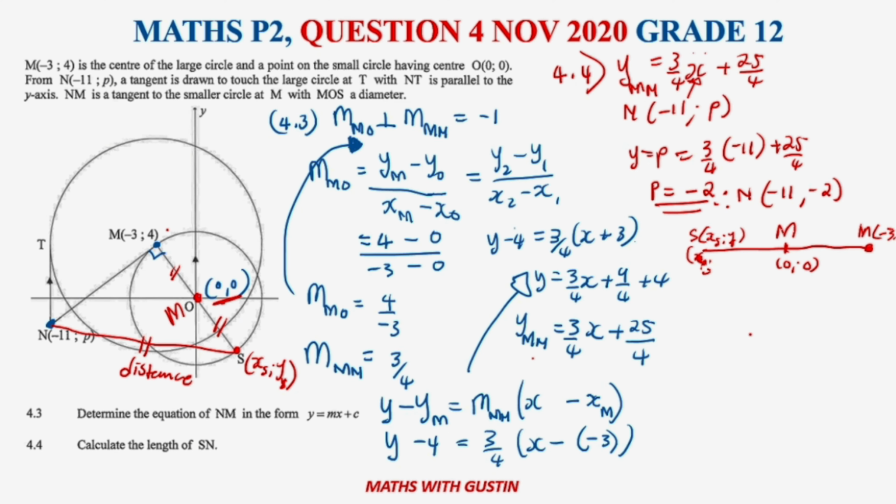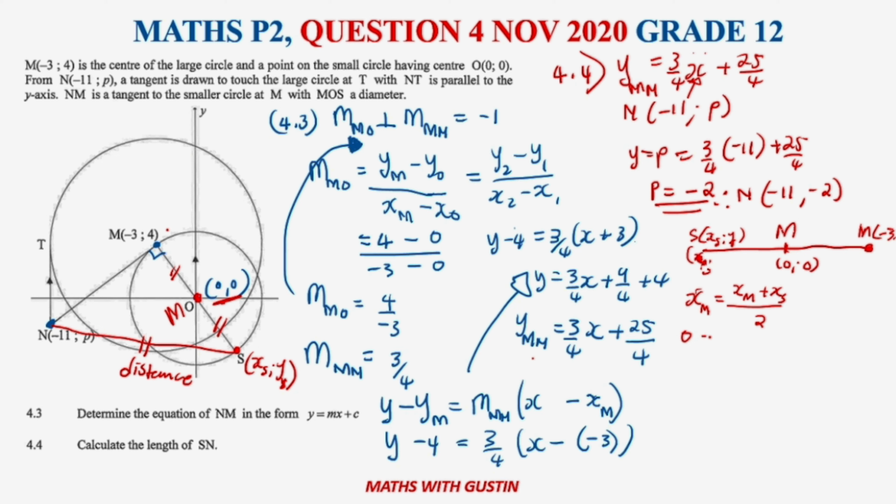So now if we have the midpoint, we can use the midpoint formula in reverse to find this. The x coordinate at the midpoint is given by the x coordinate at M plus the x coordinate at S, all over 2.